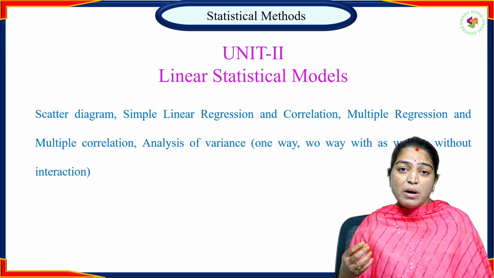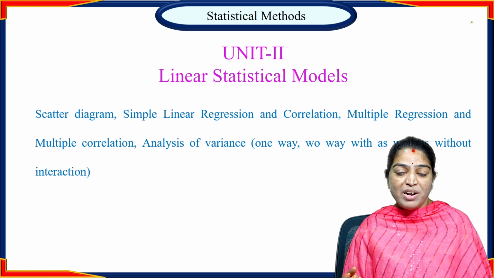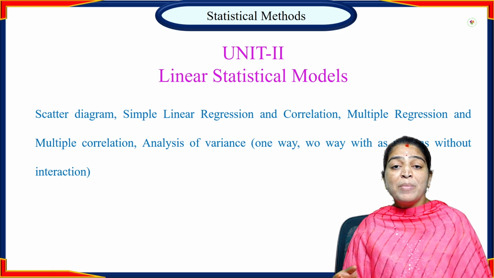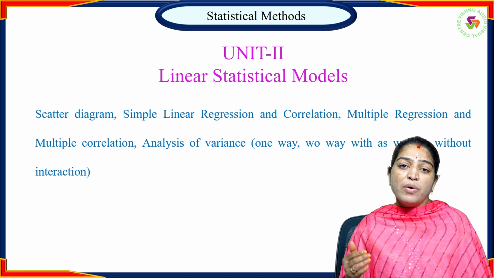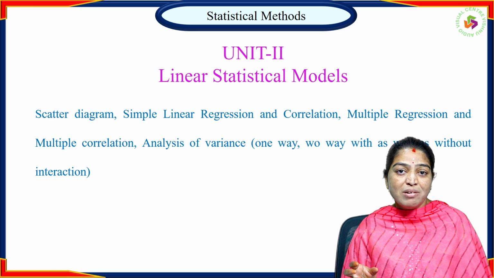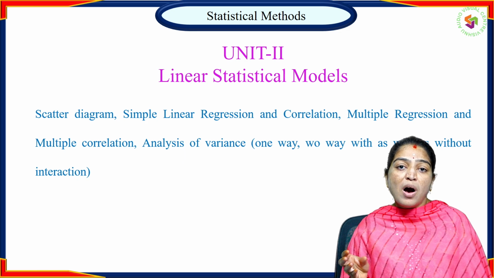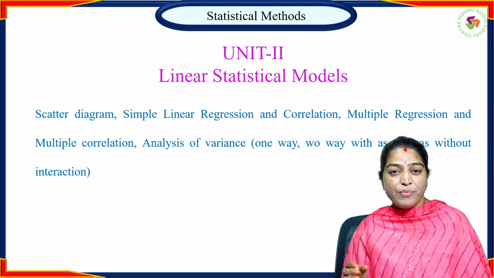And whenever the dependent variable may involve more than one independent variable, that is called multiple regression. Based on this, we need to check the relation of more than one independent variable and the measurement of those independent variables. We use the ANOVA concept. ANOVA is nothing but analysis of variance.